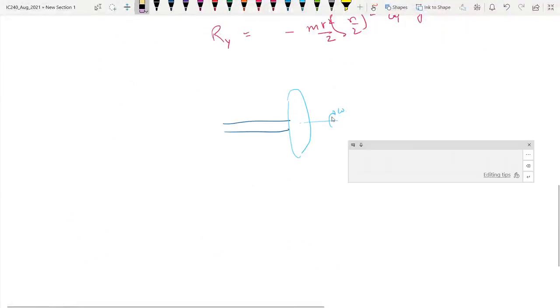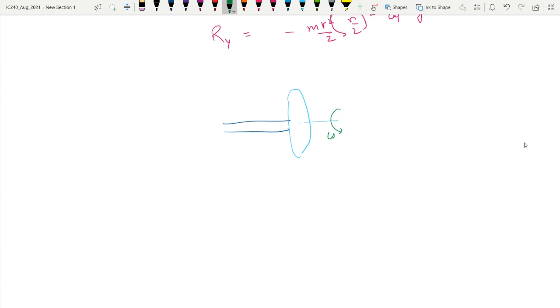So if I spin about this direction, and if I leave this system, let us say I just tie it with a rope, and we spin this with an angular velocity, let's say omega 1, and leave this system.